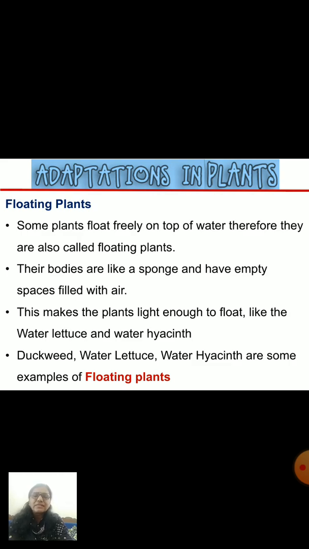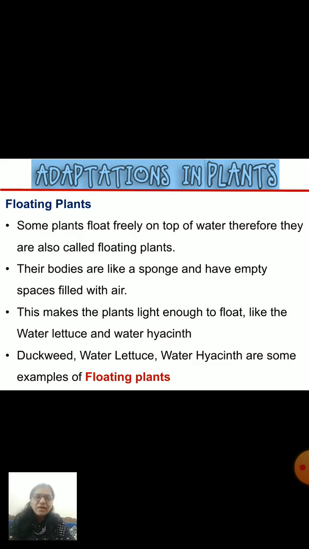For that reason, their bodies are like a sponge. Sponge is light, and why is it light? Because they have got empty spaces filled with air. So that makes their body light, so that they are able to float. This makes the plants light enough to float.